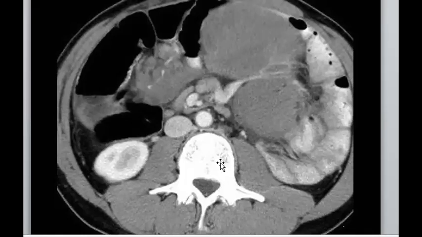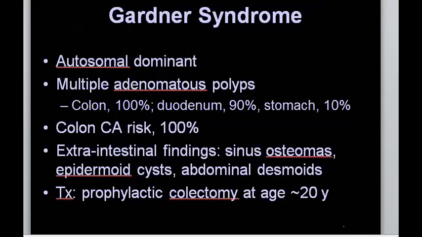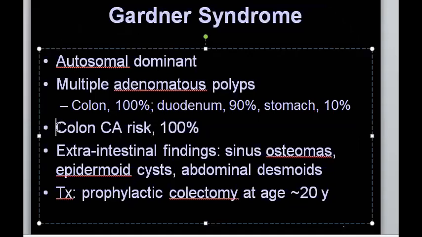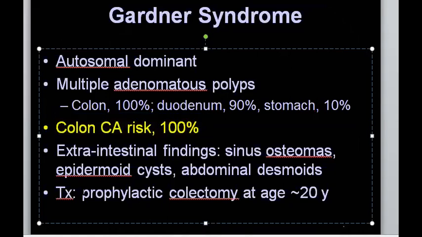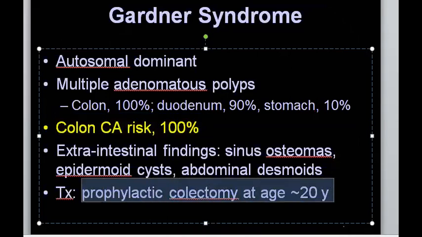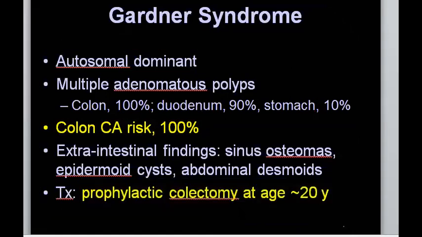So this is what is called Gardner syndrome. It is autosomal dominant, sure that you have polyps, and here the risk of colon cancer is 100%. So that's why this patient should have prophylactic colectomy, okay?